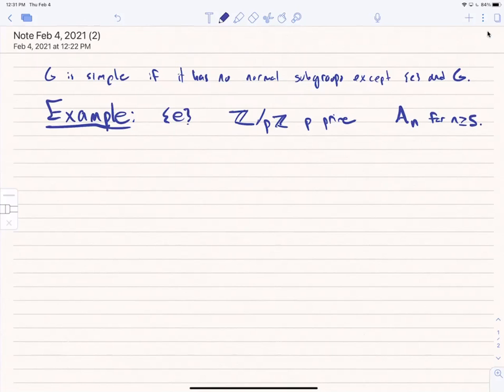And when you're an abelian group, these are actually the only simple abelian groups, just because in an abelian group, any subgroup is normal. So if you have any non-trivial proper subgroup at all, then you're not simple. So every subgroup of an abelian group is normal.